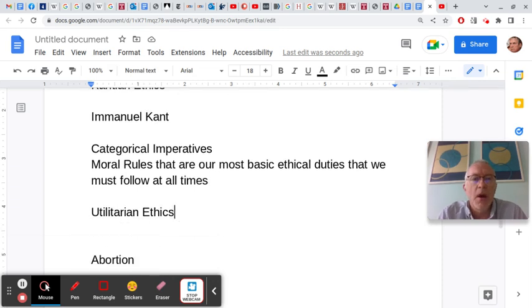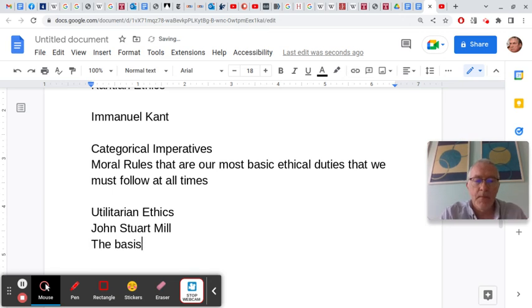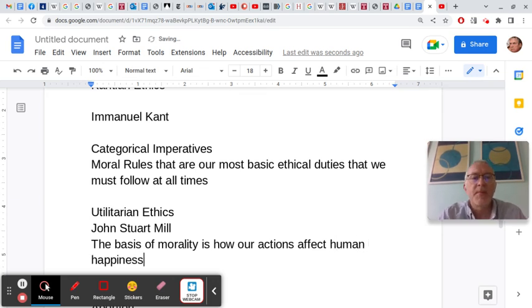Utilitarian ethics, basically John Stuart Mill's utilitarianism, a 19th century British philosopher. Basically that the basis of morality can be thought of in terms of how our actions affect human happiness, our own happiness, and the happiness of everyone else involved.